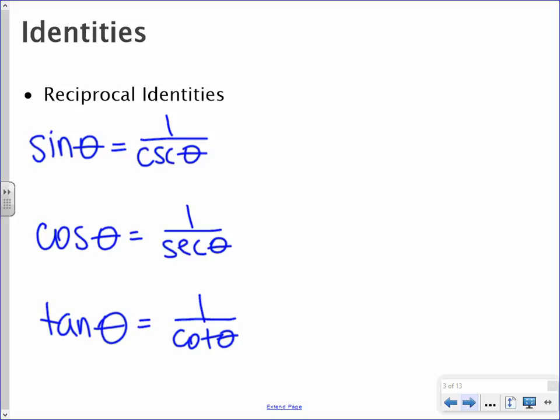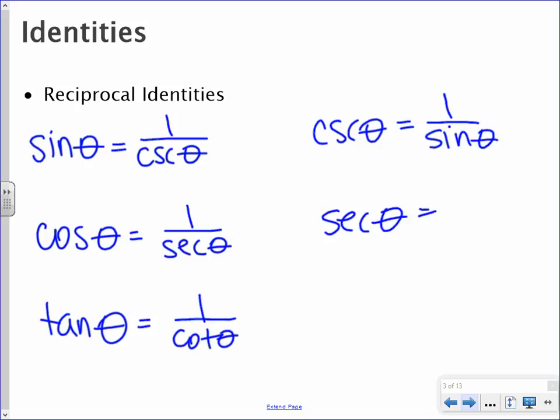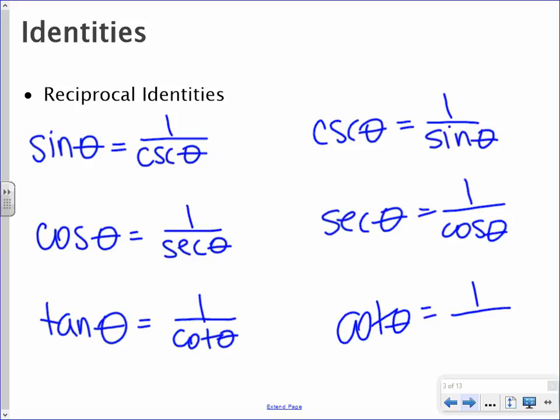Similarly, we can also write that the cosecant is the same as 1 over sine. The secant is the same as 1 over cosine. And the cotangent is the same as 1 over tangent. Okay? We essentially have three reciprocal relationships that we can write out 6 different ways.